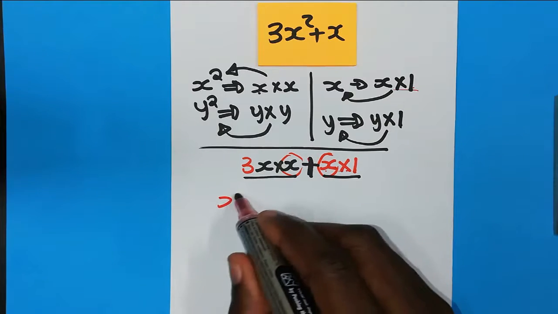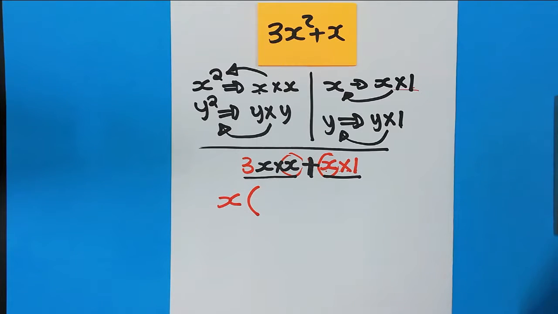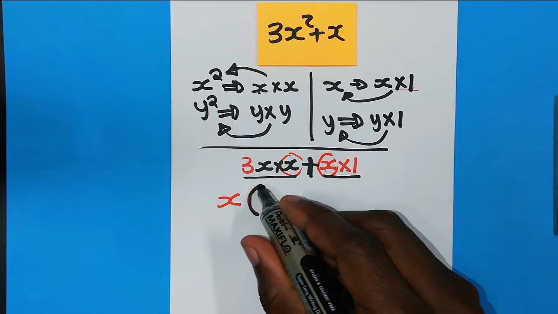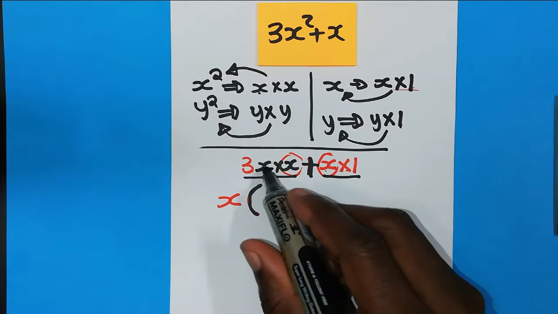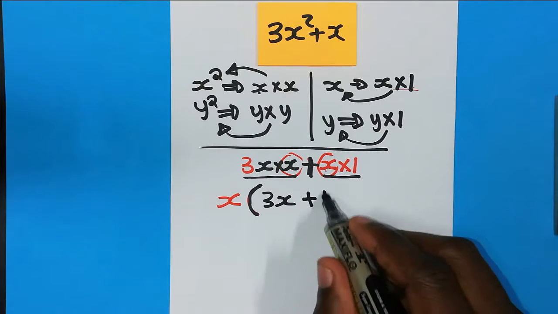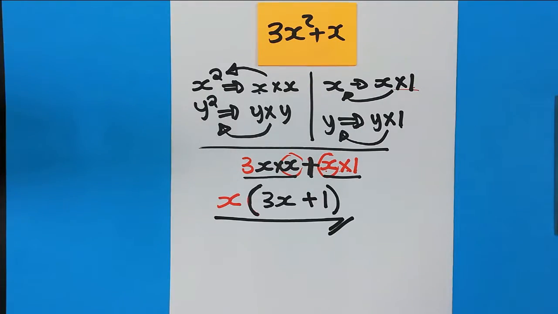So we're going to take that variable and put it outside. When we take it outside, inside the brackets we write whatever has remained. On this side, we are left with 3x, and on that side, we are left with only 1. So that is the factorized answer.